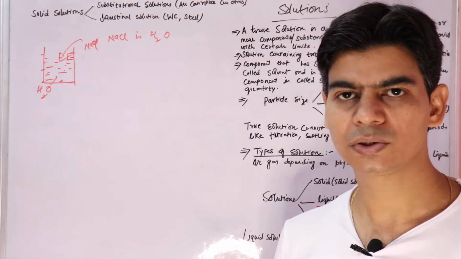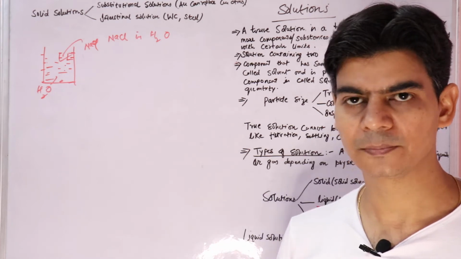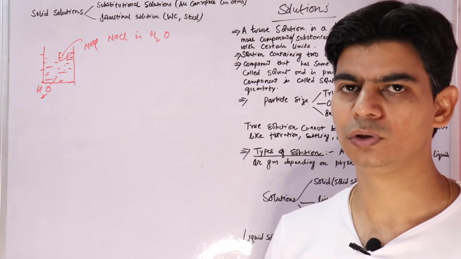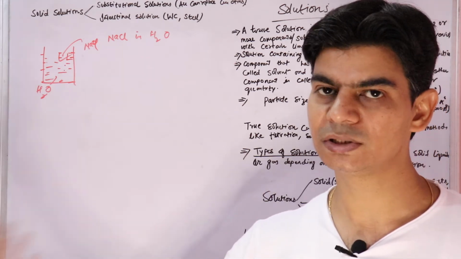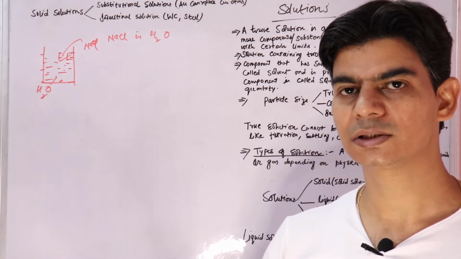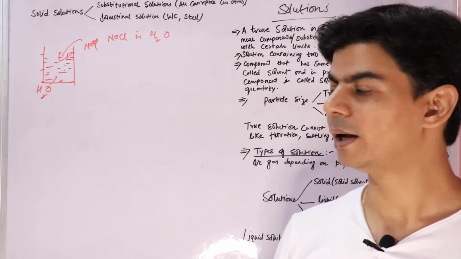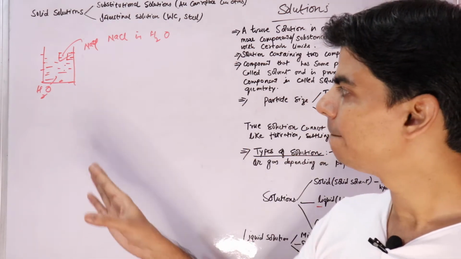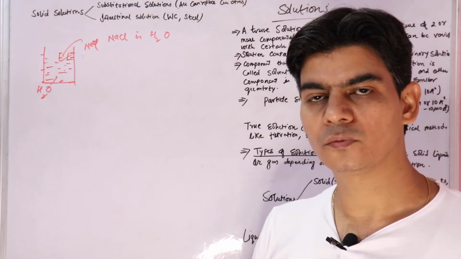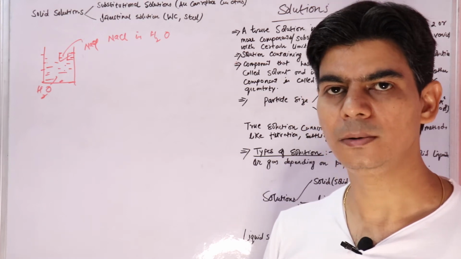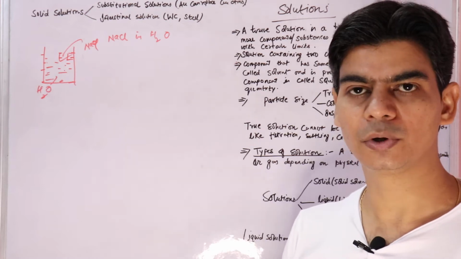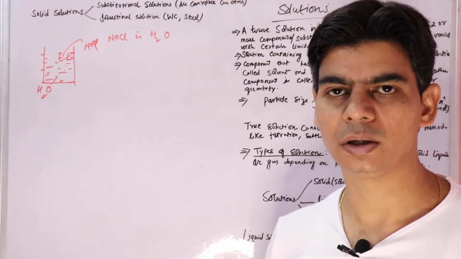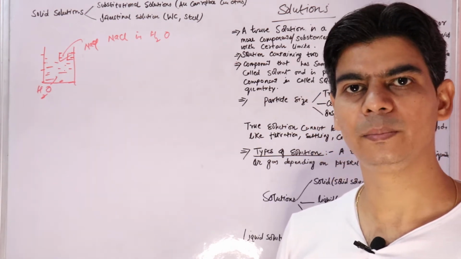So there are two ways to recognize the solvent. First, check the physical state of the solution. Whatever the physical state of the solution, the solvent will have the same physical state. Second, see which of the components in the solution is in larger quantity, and that would be the solvent.